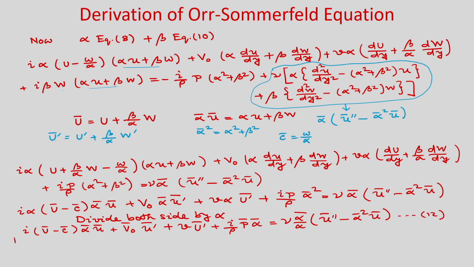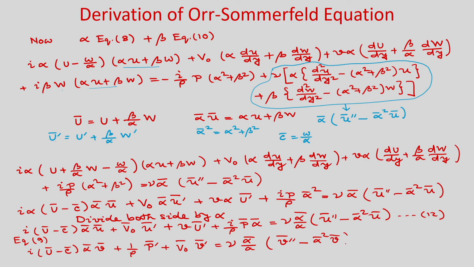Okay. And similarly, from equation 9 we can write i u bar minus c bar alpha bar v bar plus 1 by rho p prime bar plus v naught bar v prime bar is equal to nu alpha bar by alpha v double prime bar minus alpha bar square v bar. Okay.